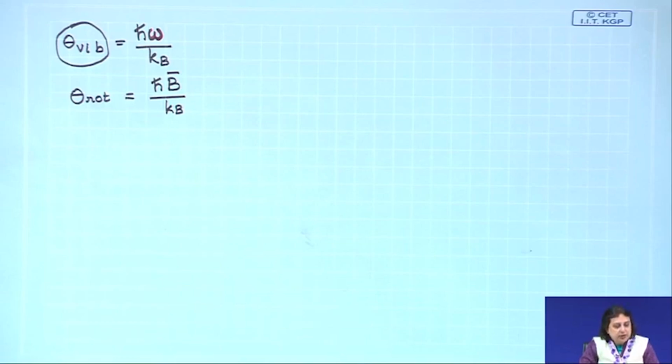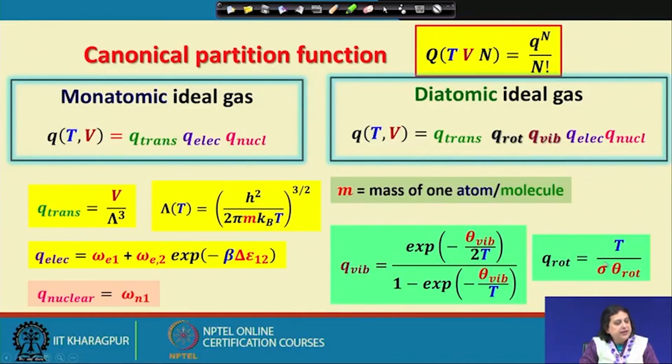And so this is once again a characteristic property of the system, and there is this term sigma that we have discussed extensively in the last class as a characteristic property which we call a symmetry number, and sigma is equal to 1 for heteronuclear diatomic cases and sigma equal to 2 for homonuclear diatomic molecules.